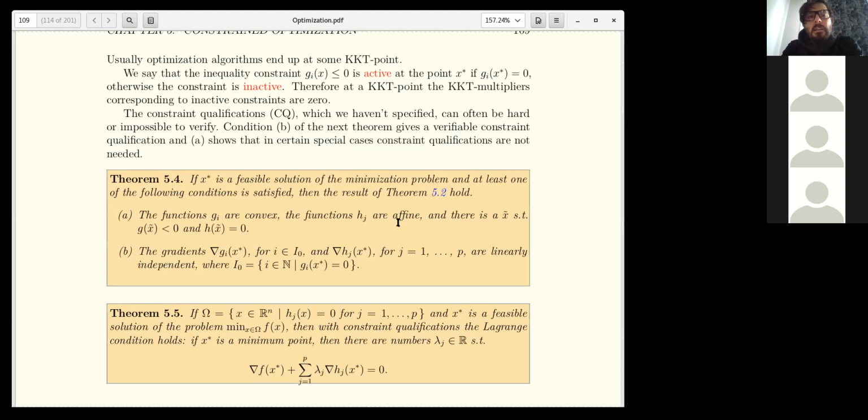We say that this inequality constraint is active when it's at the limit. So G of X must be smaller than or equal to 0. We say that it's active at a point where it's 0. As long as we are here and there is room to move towards the edge, then we can ignore the edge.